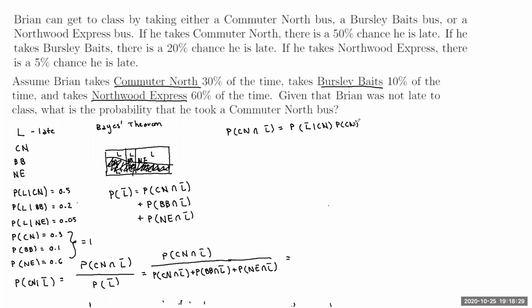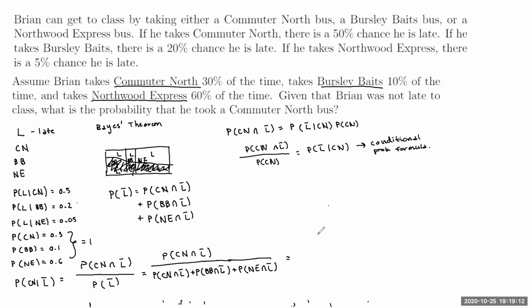And how this relates to conditional probability: we can divide both sides by the probability of Cn, and we would get the probability of Cn and L complement over the probability of Cn equals the probability of L complement given Cn, which gives us back the conditional probability formula. So that's what's happening under the hood to understand Bayes better, and that's how we get to Bayes' theorem.